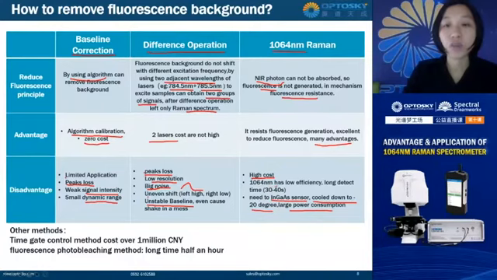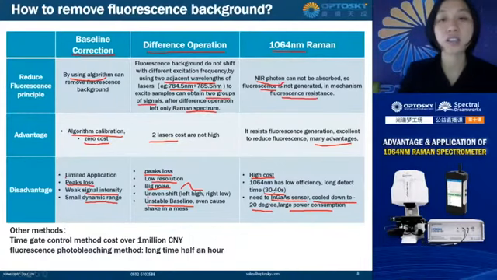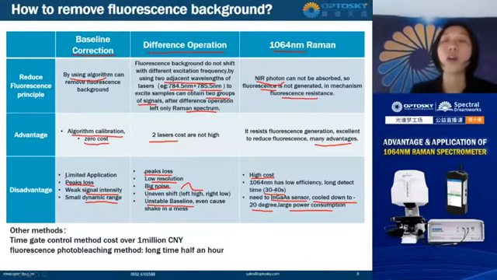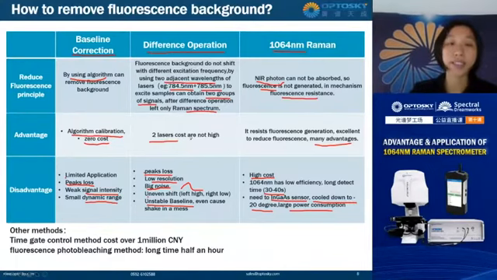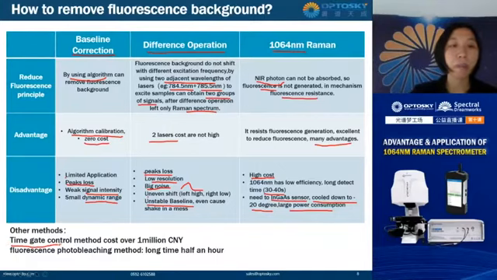And 1064 nanometer has low frequency, so the detection time is longer. 785 needs only a few seconds, but it takes 30 to 40 seconds to complete our test. Also, we have the time gain control method to remove fluorescence.